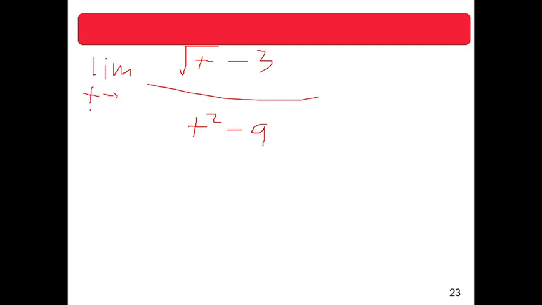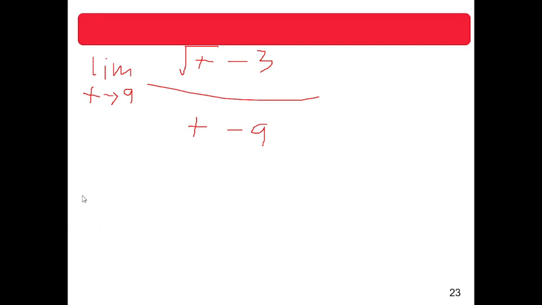So from your square root, I'm sorry, there should be t instead of x. Square root of t minus 3 all over t minus 9, wherein t is approaching 9.